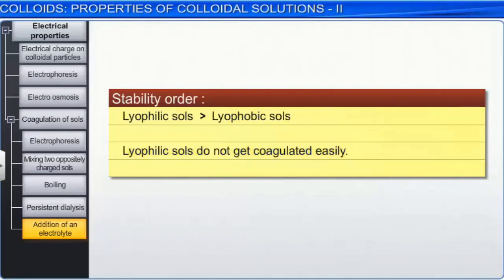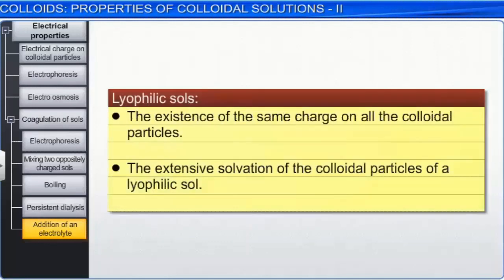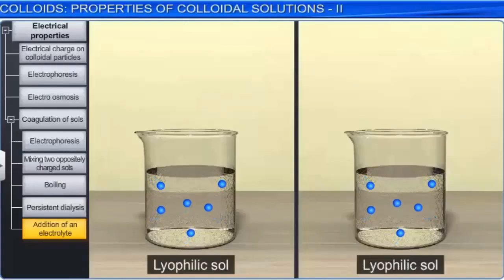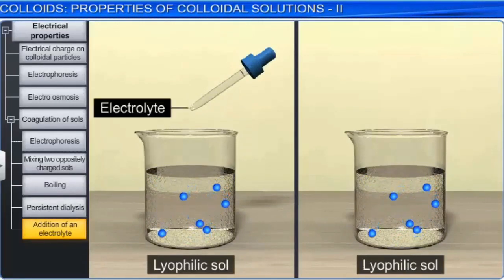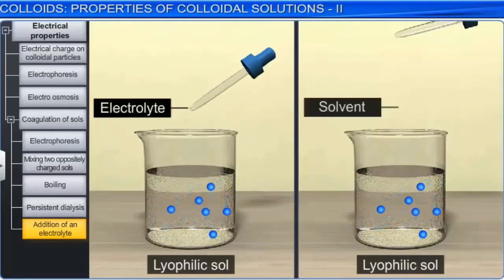The two factors responsible for the stability of lyophilic sols are the existence of the same charge on all the colloidal particles and the extensive solvation of the colloidal particles of a lyophilic sol. A lyophilic sol can be coagulated either by adding an electrolyte or a suitable solvent.